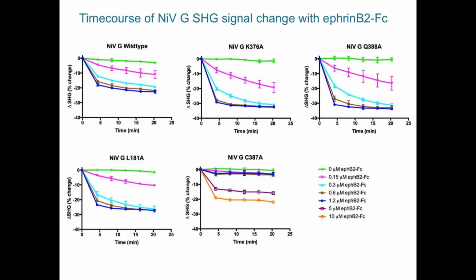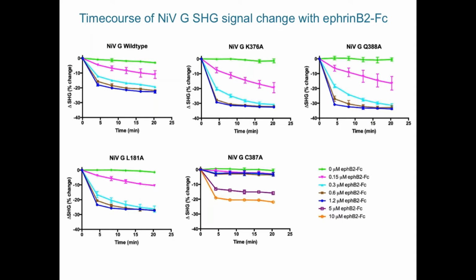So here are the time courses of SHG signal change over time following injection of FNB2FC into wells of immobilized SHG-labeled Nipah-G. Readings were taken every 5 minutes over a range of FNB2FC concentrations. It can be seen that there are differences in the degree of Nipah-G signal change between the mutants.